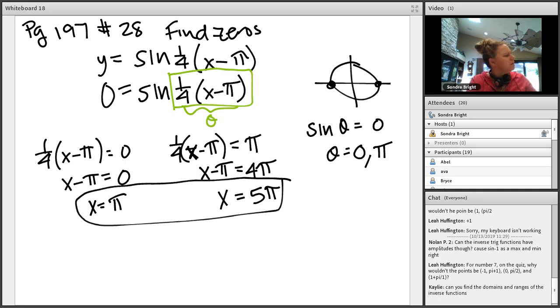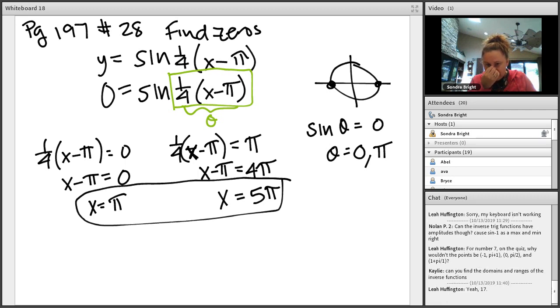So 17 on the quiz. Okay. So, for number 17 on the quiz, I already did it, but those were the points. Did I not write that? I'm pretty sure I did.